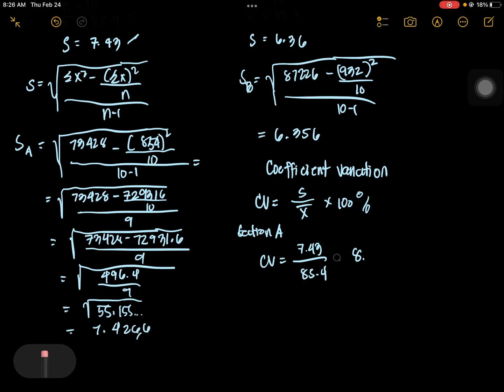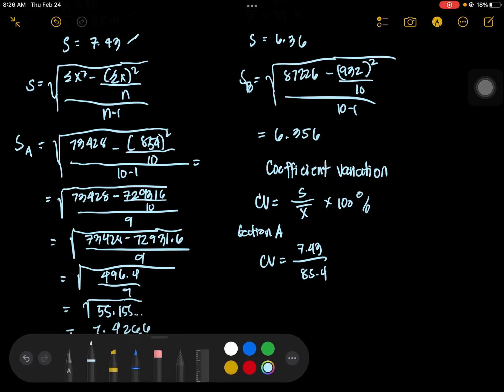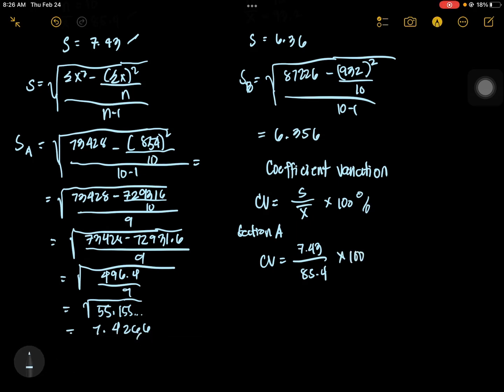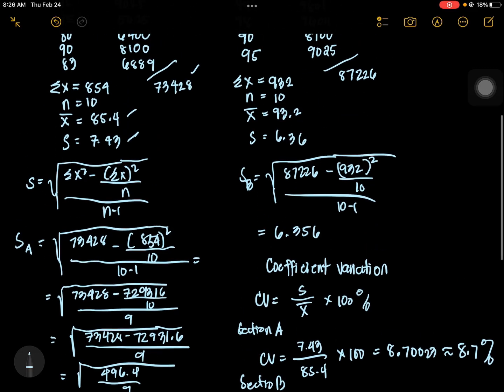Multiply that by 100, so that is 8.70023, about 8.7%.